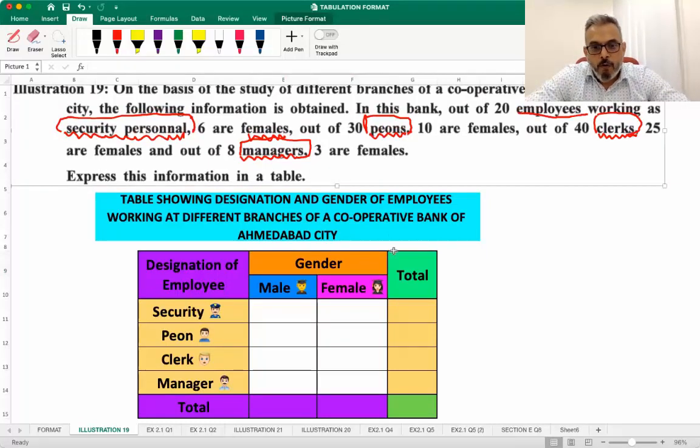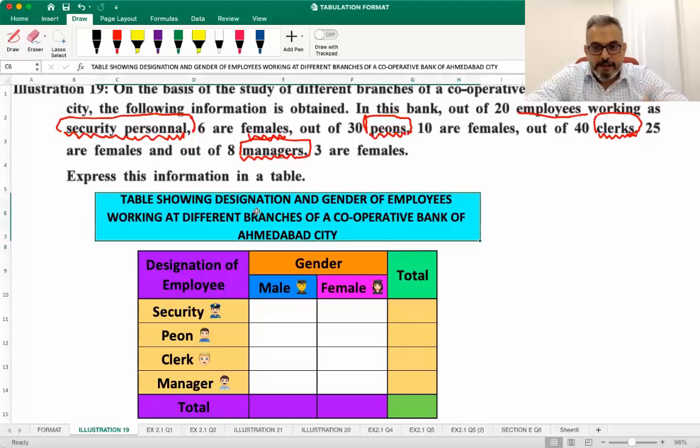Now, over here, the title is the first thing you have to write. So, how to write a title? For the title, it's very simple.